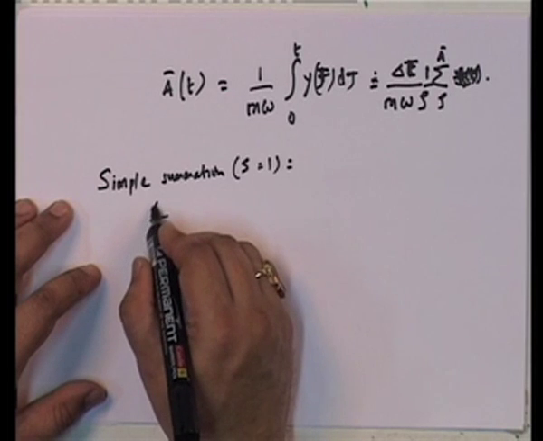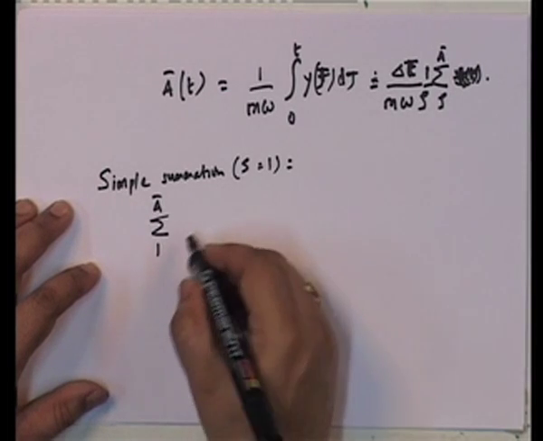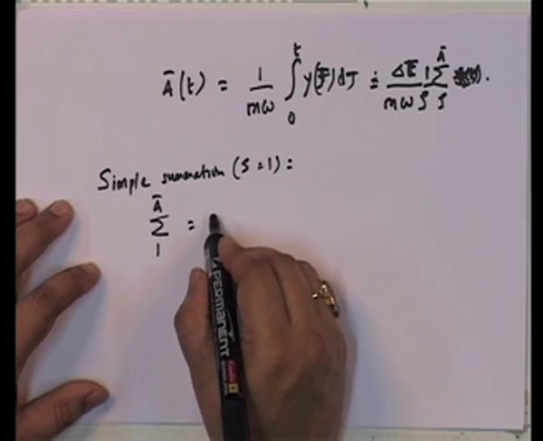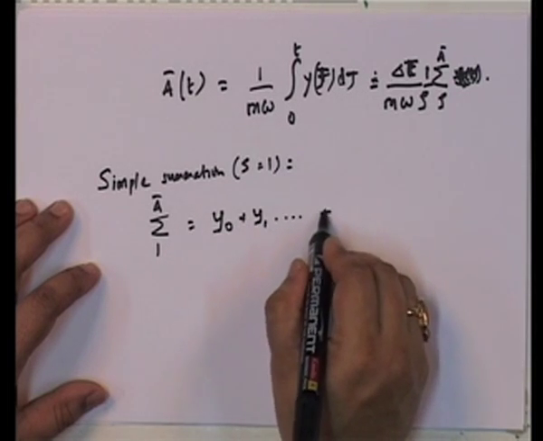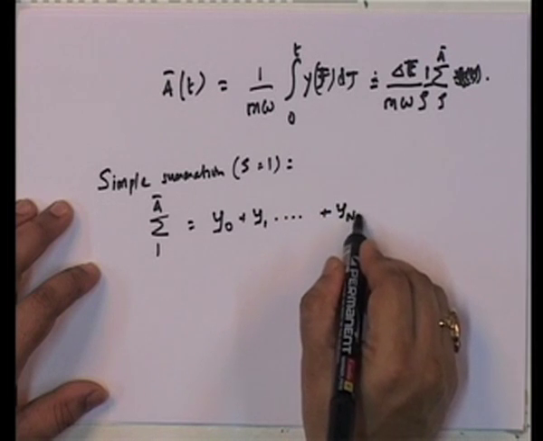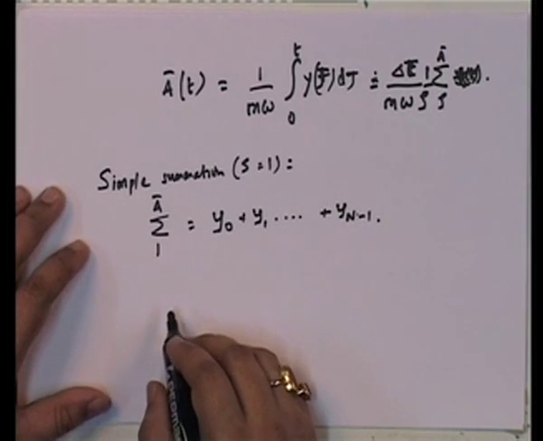So, this basically becomes 1 a bar equal to y 0 plus y 1 up to y n minus 1.